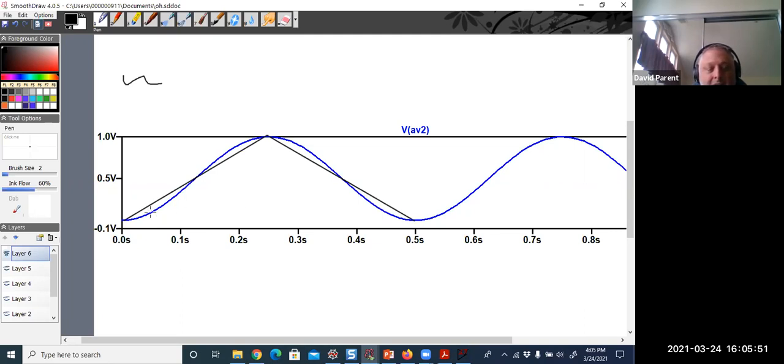Notice that the triangle is overestimating, so the area is positive, the error is positive. Here, the triangle is underestimating, so the error is negative. Almost the way I've drawn it, those errors between the signal and my estimation of it might even cancel out.